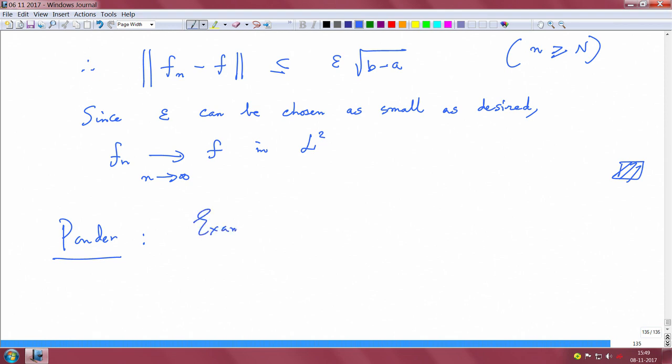Examine if convergence in L2 implies convergence uniformly.